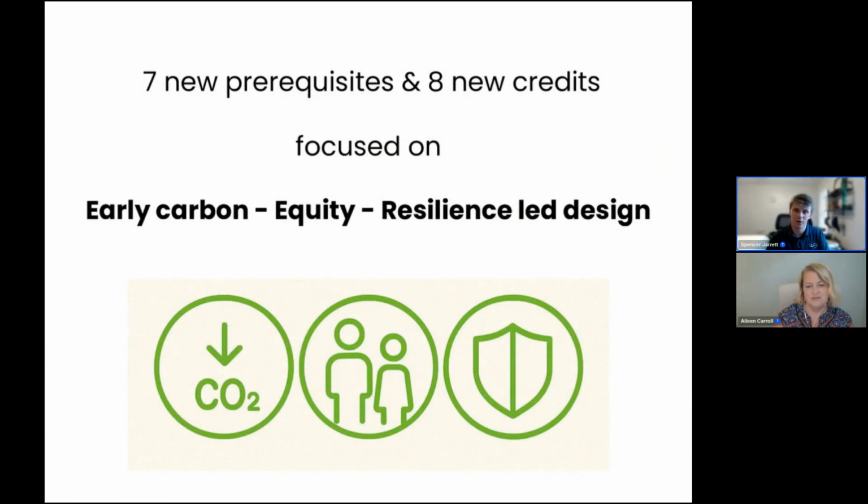And then 2 more are in the energy and atmosphere category, plus a trio of consolidated credits in water, site, and EQ. And on the credit side, beyond the prerequisites that we just reviewed, there are 8 new opportunities that are, again, focused more on decarbonization and social equity supply chains.